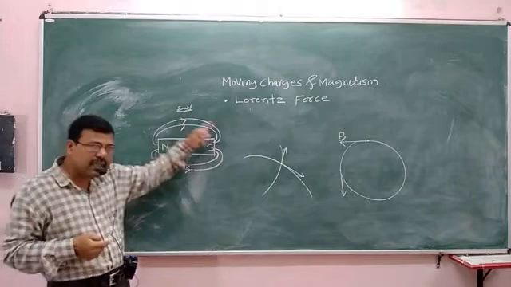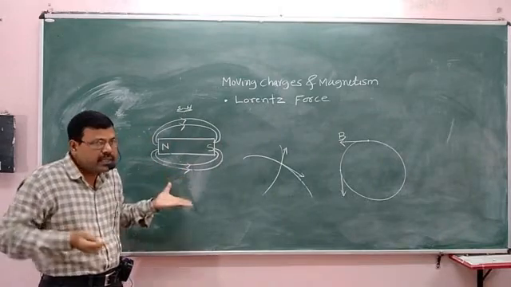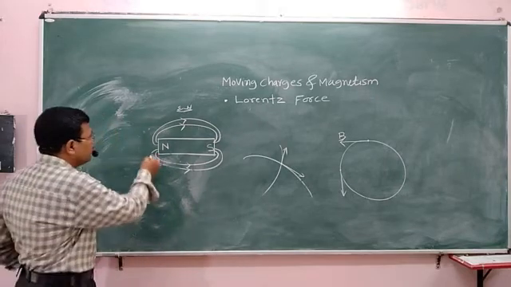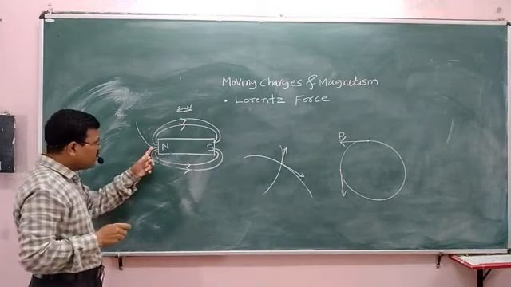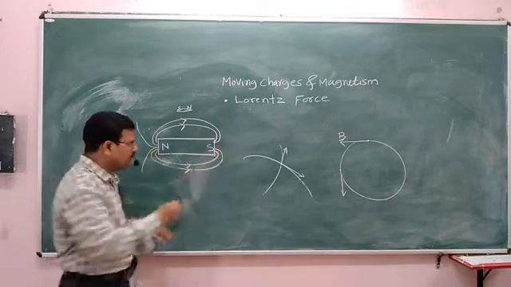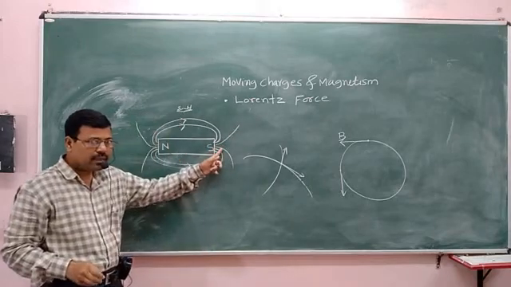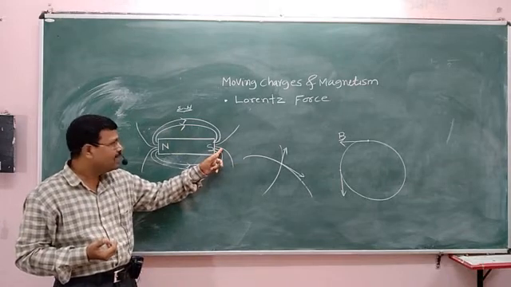And the magnetic field around a bar magnet is an example of non-uniform magnetic field. Here, near the ends of the magnet, the magnetic field lines are crowded, where the strength of magnetic field would be greater.